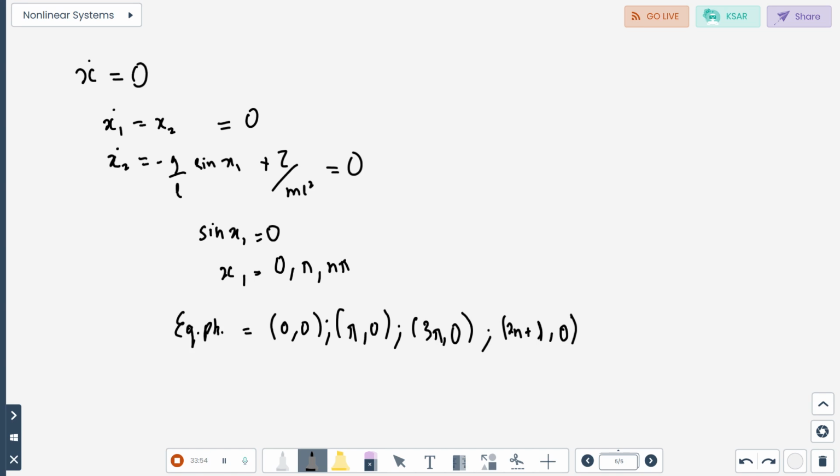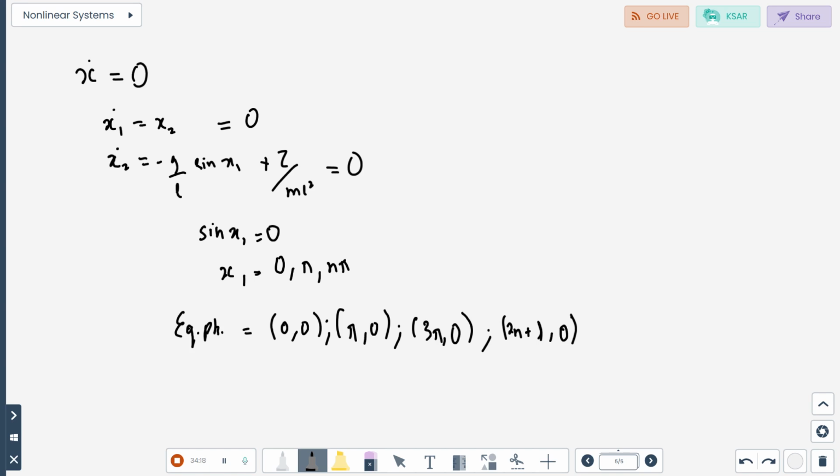But for a nonlinear differential equation, you do not have that case, because we have terms like sine of x1, x square, x cube on the right side. So the solution of these equations will have more than one root, and therefore the equilibrium points will also be multiple.